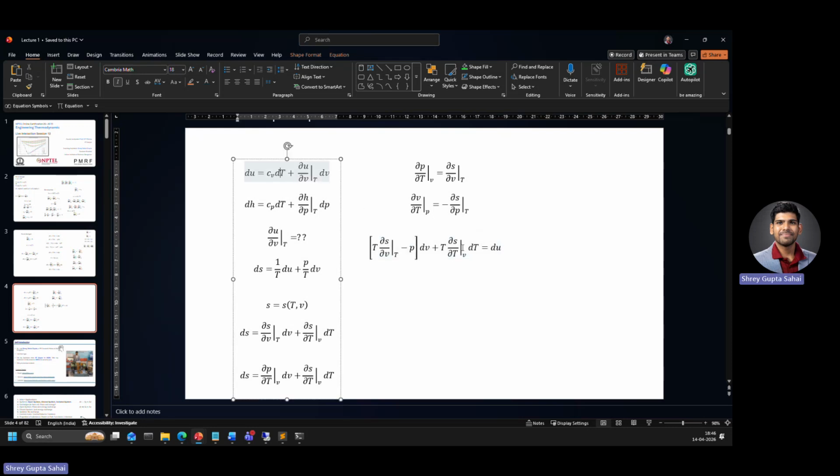We realize that CV by T is dS by dT at a constant V. And then del U by del V at a constant T is actually this term.